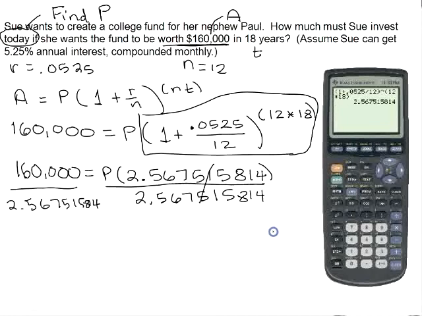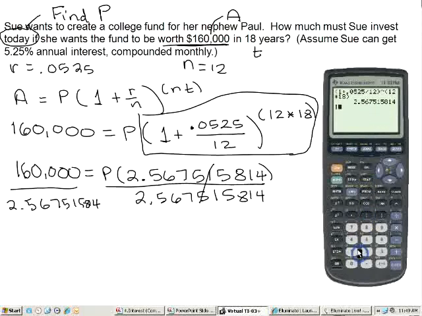Now you can type 160,000 divided by 2.567515814, or what I'm wanting to do is divide 160,000 by this answer in my calculator. So a nice shortcut on my calculator is I'm going to take 160,000 divided by, now again I'm trying to divide by this previous answer, the last item in my display.